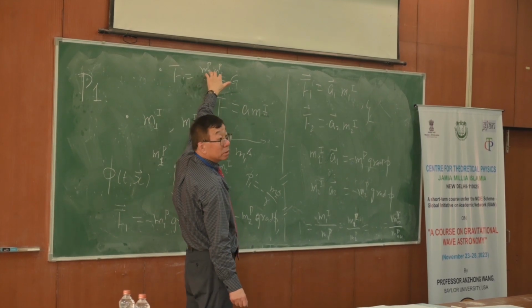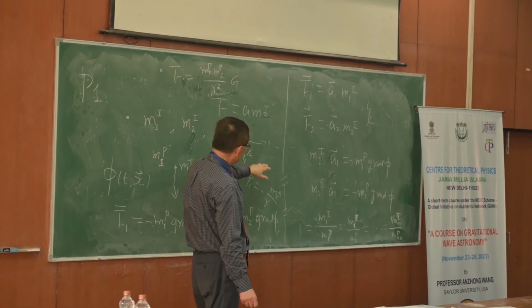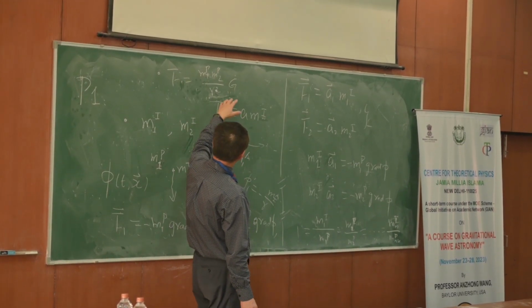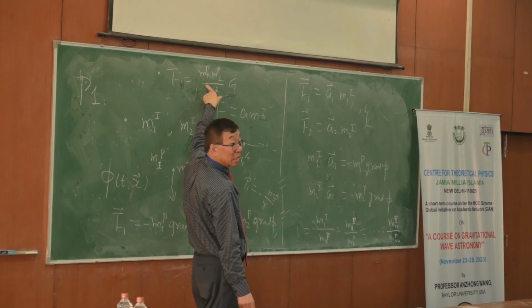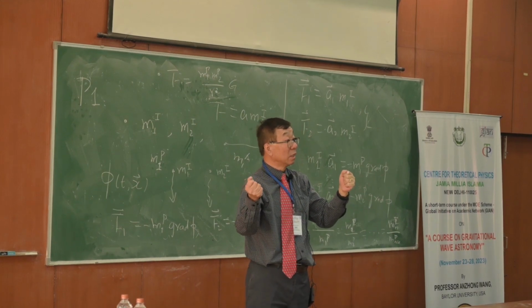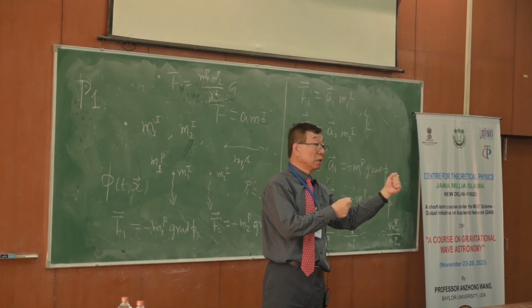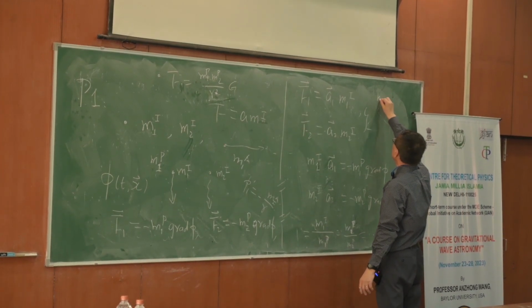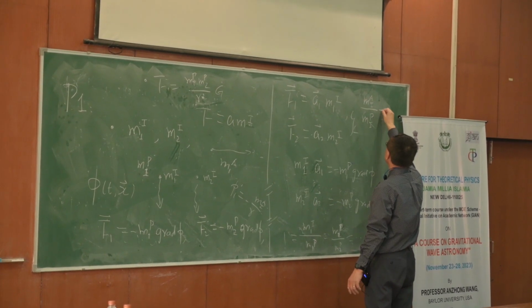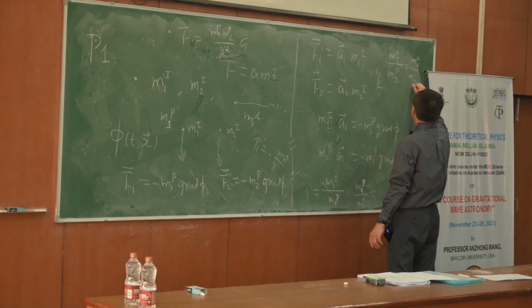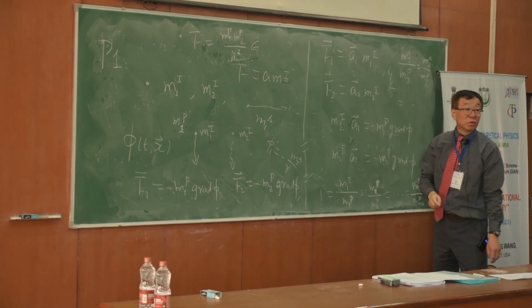So this is how the particle feels the field. When I wrote here, I didn't distinguish these two, because one produces the field and another feels the field. This uses a similar argument: M1P, M2A, M2P, so they are equal too.